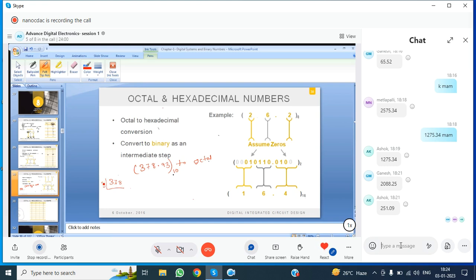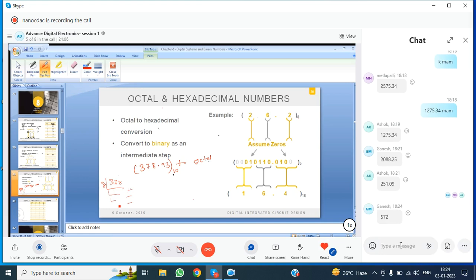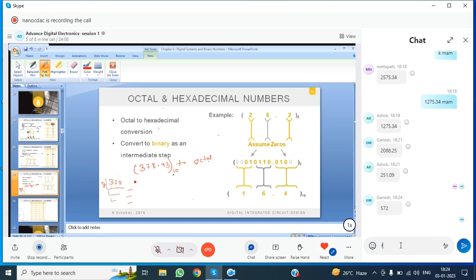Okay, so every time you divide by 8 and you write the remainders. 572 is only for the integer part, but 572 point something will be there. Okay, for this 0.93 you have not done anything.